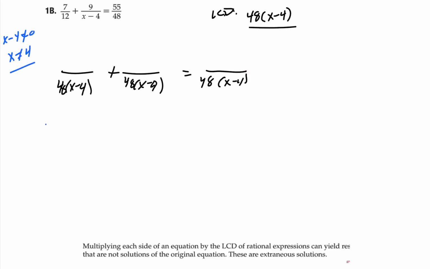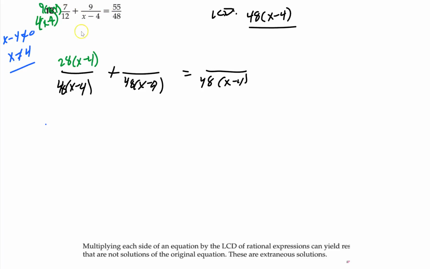And then we look at what I need to multiply to get that as my base. In this case, you're missing x minus 4 and you're missing 4. How do you get 12 to 48? You multiply it by 4. But you're also missing the x minus 4. So 4 times x minus 4 is going to give me 28 x minus 4, because 4 times 7 is 28.